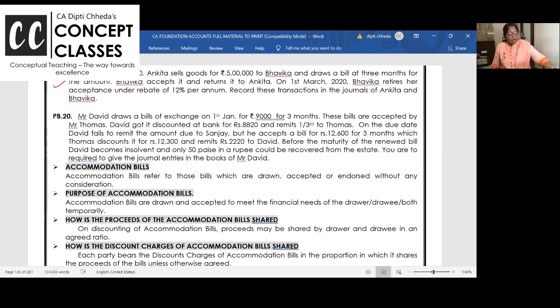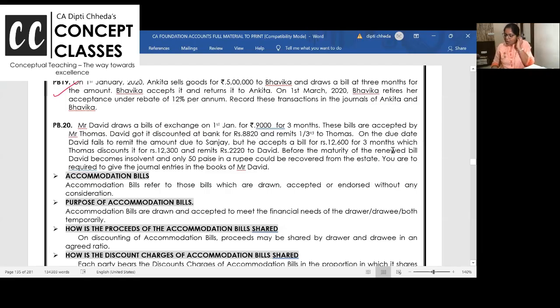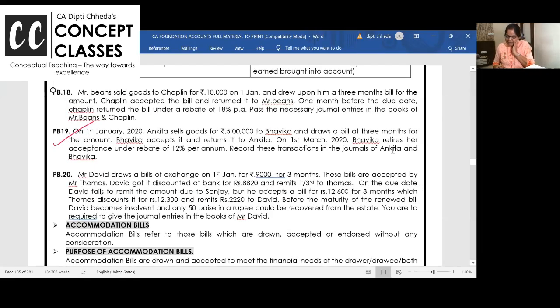Okay, this is an accommodation bill. We have not done accommodation bills yet. One second. Okay, this is an accommodation problem. It has come by mistake here.